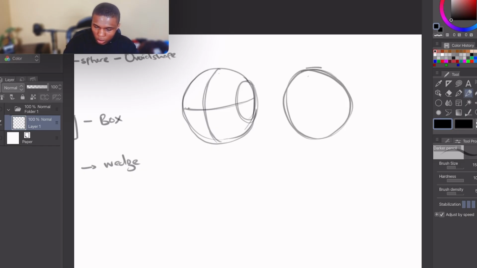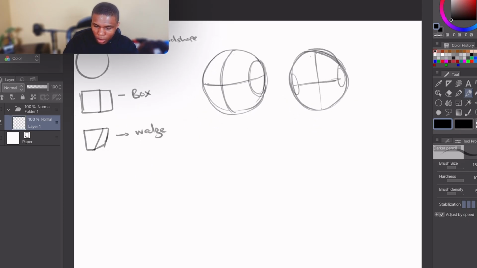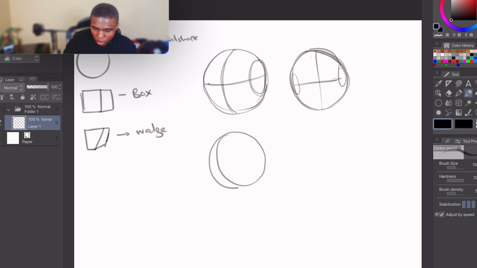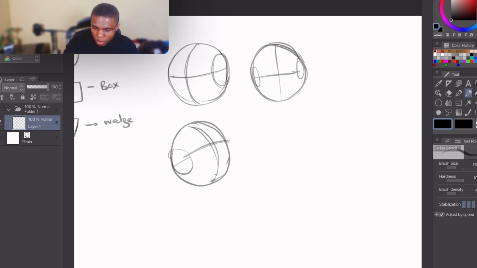If we look at another head, let's say it's facing the front, it's going to be like this. If the head is facing angled upwards, it's going to be something like this. And if it's facing downwards, it's going to be like this.